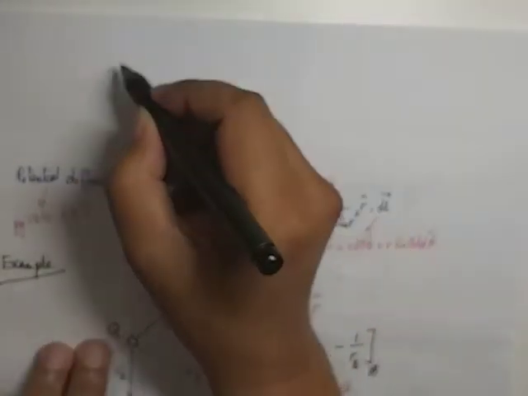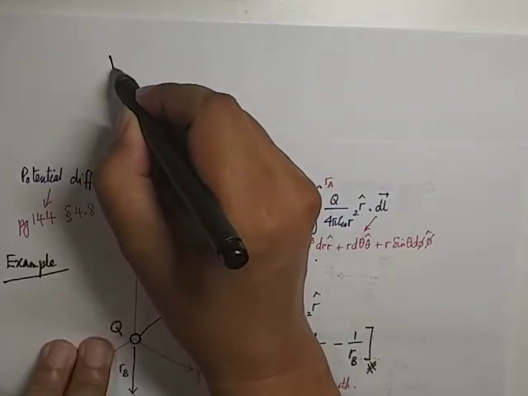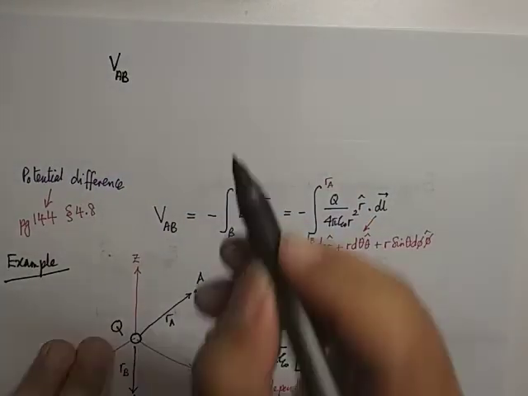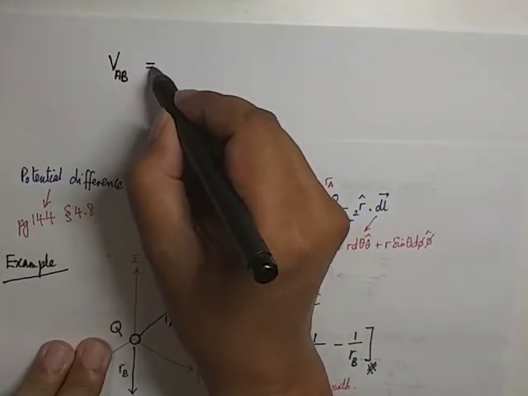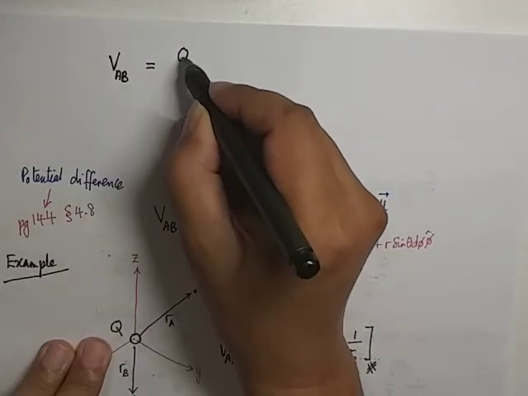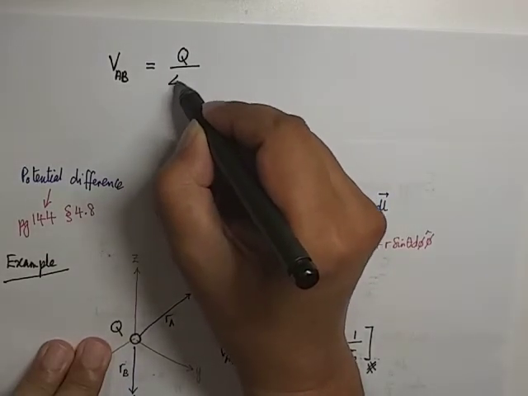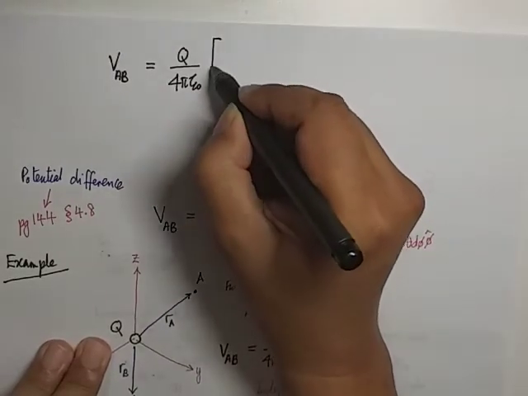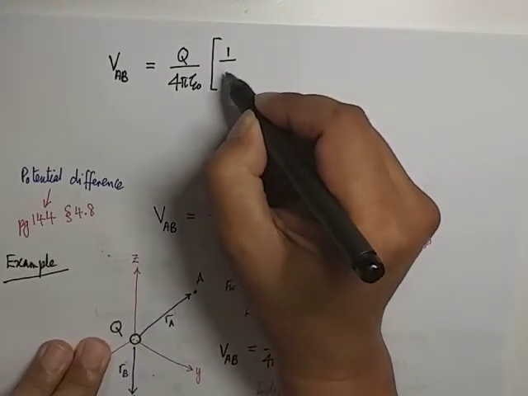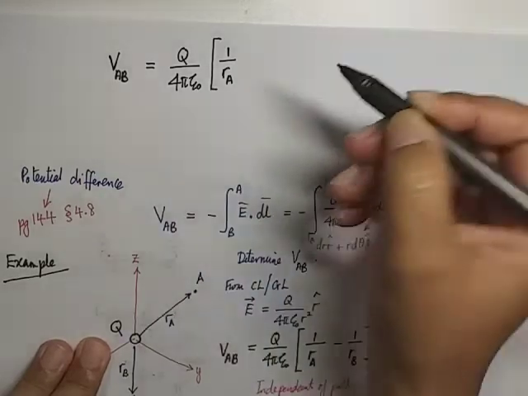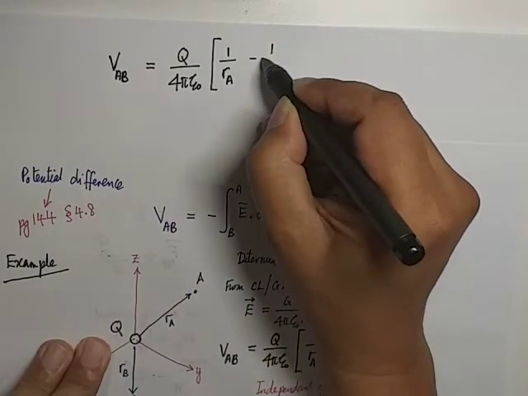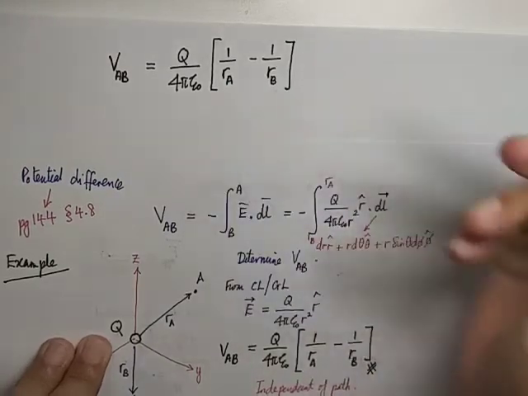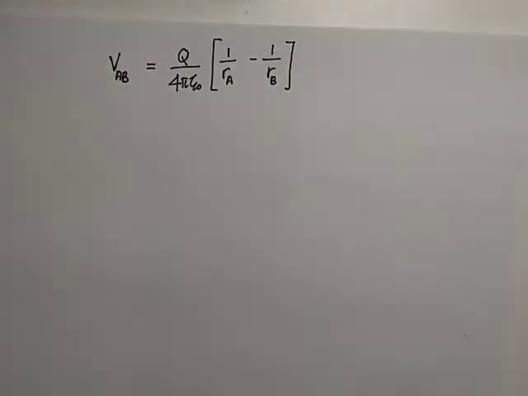Let's recall our solution: VAB, the potential difference between A and B, is equal to Q divided by 4 pi epsilon naught, times 1 over radius RA minus 1 over radius RB. That should be the solution that we have.